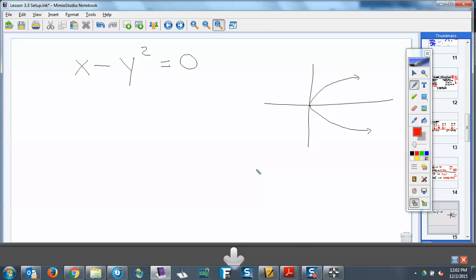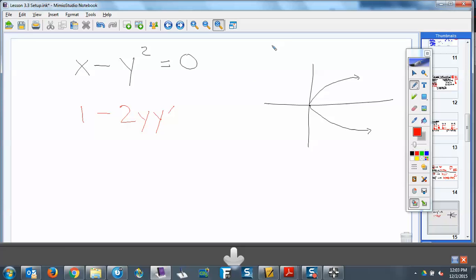So here I've got a basic sideways parabola, which is this equation right here. So the instructions for you are going to be do the derivative of both sides with respect to x. In this case, we'll just assume x is always the input variable if there's any choice. So do the derivative of both sides with respect to x. So what's the derivative of x? 1 minus 2y y prime.